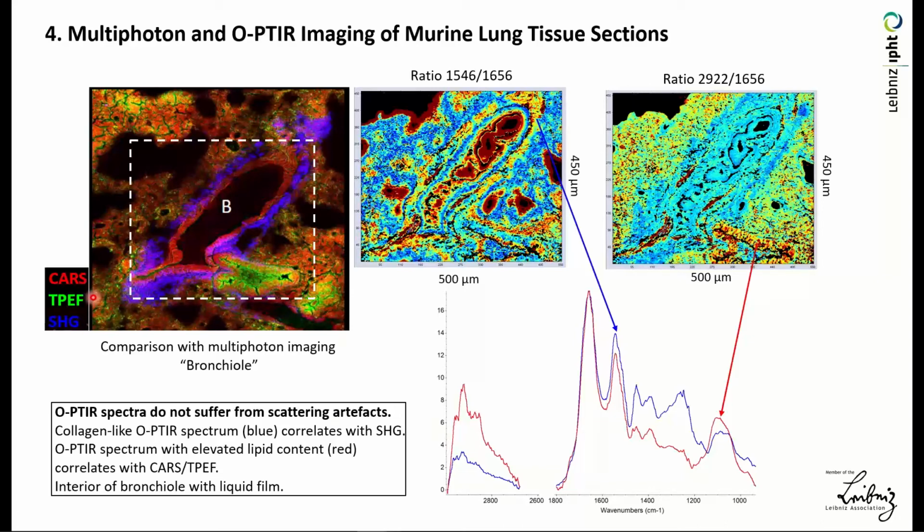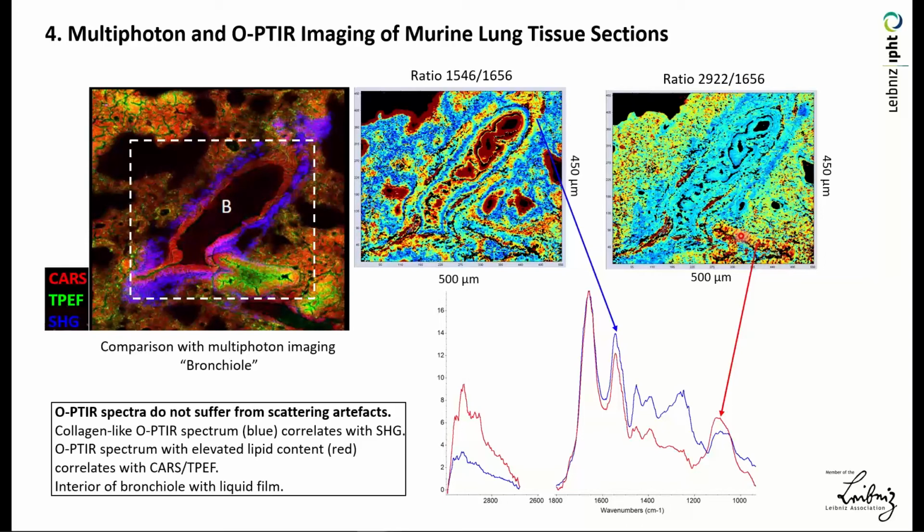Two-photon excited fluorescence is plotted in green, and second harmonic generation is plotted in blue. And for example, here around this bronchiole, there's a ring of a strong second harmonic generation contrast. And such a ring is also evident in the O-PTIR image when the ratio of the amide II versus amide I band is plotted. Interesting is also the ratio of this lipid band at 2922 versus the amide I band.